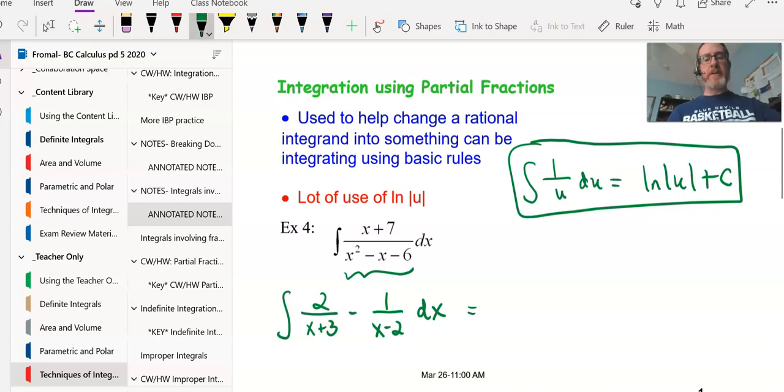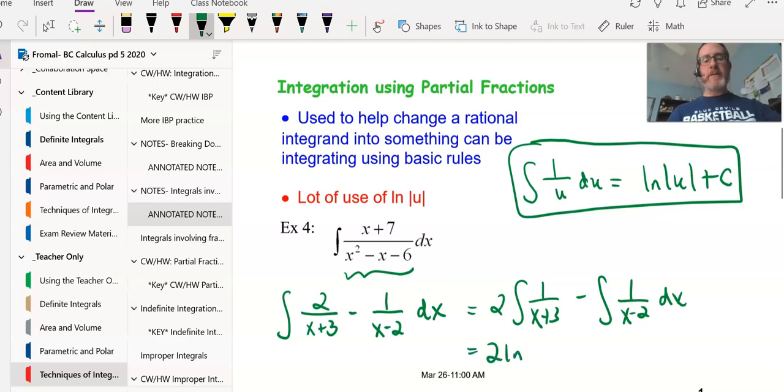Well, I'm going to turn this into two separate integrals. 2 times the integral of 1 over x plus 3 minus the integral of 1 over x minus 2. Each of these is going to have the form of the natural log. And so I'll get 2 times the natural log of x plus 3 minus the natural log of x minus 2 plus c.